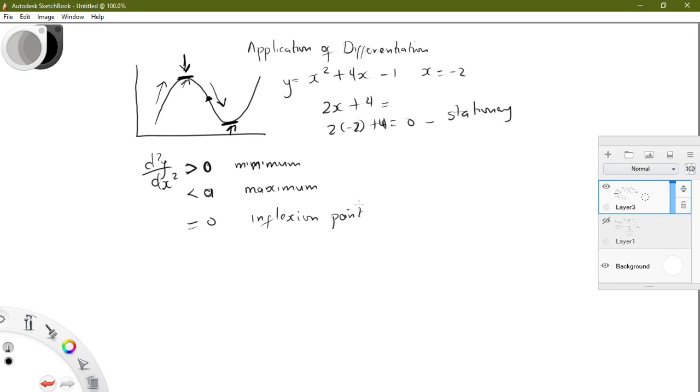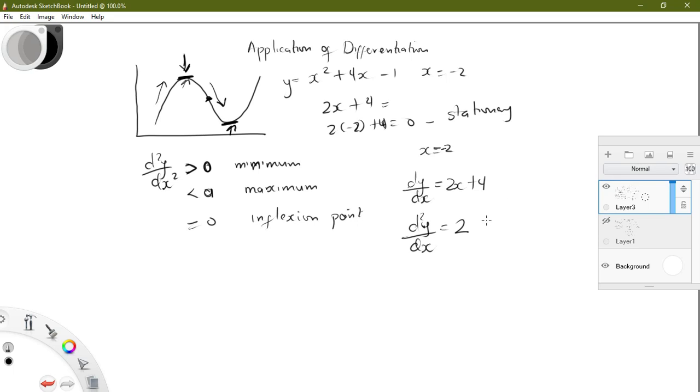Okay, now how do we apply this? We already know that it is stationary at where x equals -2, right? But we cannot really tell if it is the maximum or the minimum at that point. In order for us to be able to tell, we have to differentiate this again. The first differentiation that we got was this. Now we have to differentiate again, which is 2.